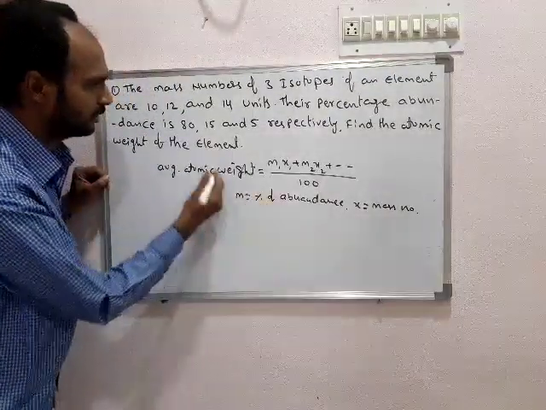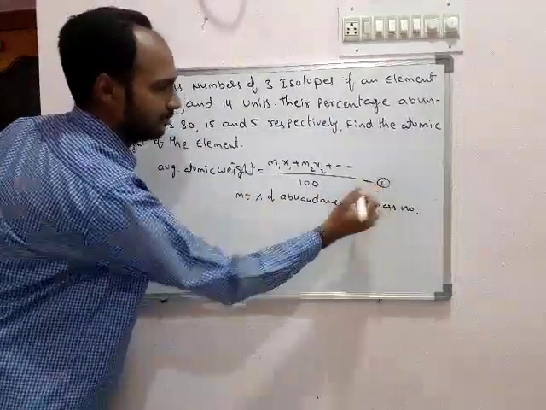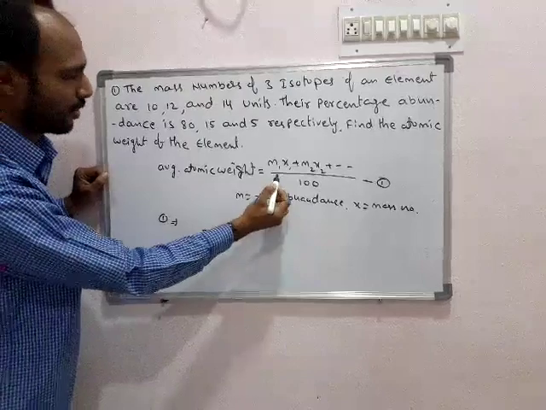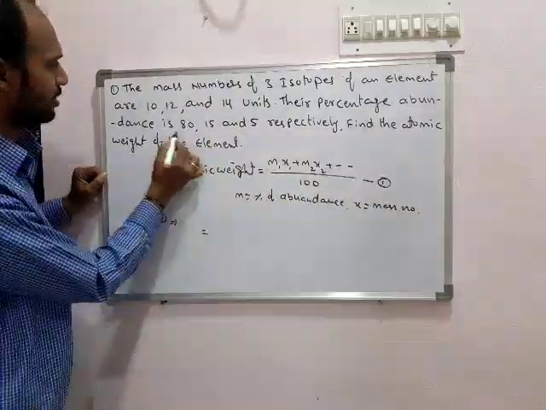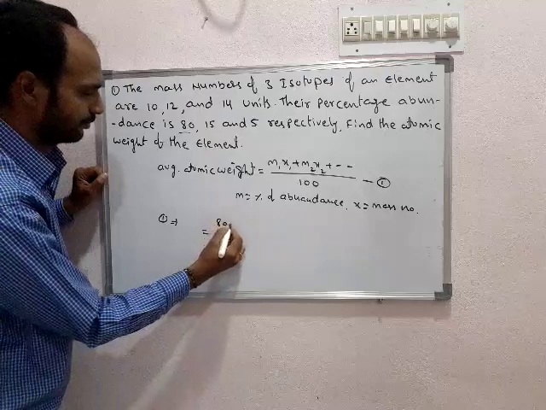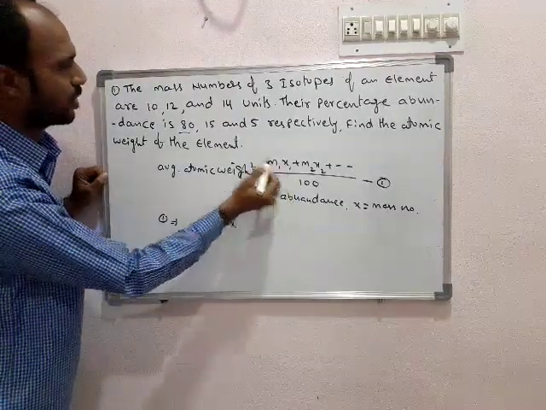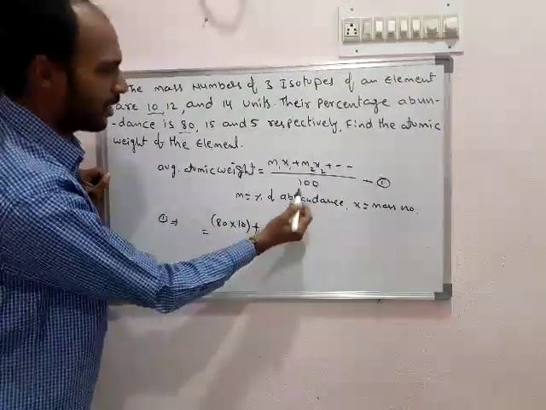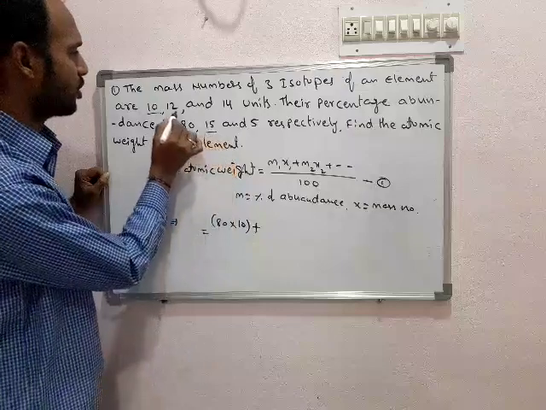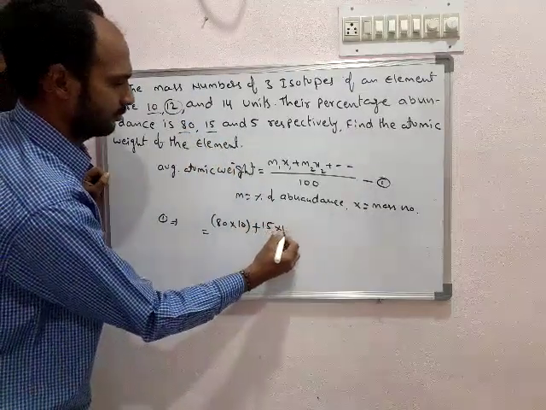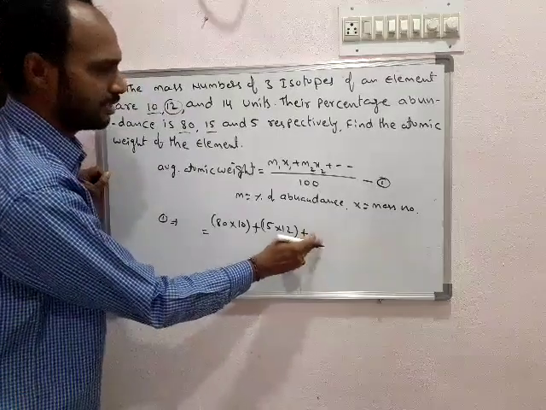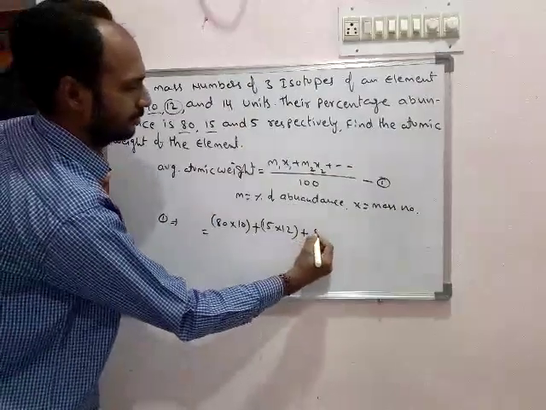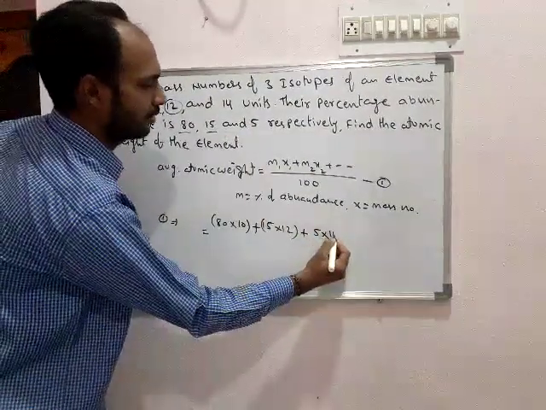Now substitute the values in equation 1. The average atomic weight is, now what is the first isotope's percentage? 80%. What is the first isotope's atomic weight? Next, what about the second isotope? 15% with atomic weight 12. What is the third isotope? 5% with 14.